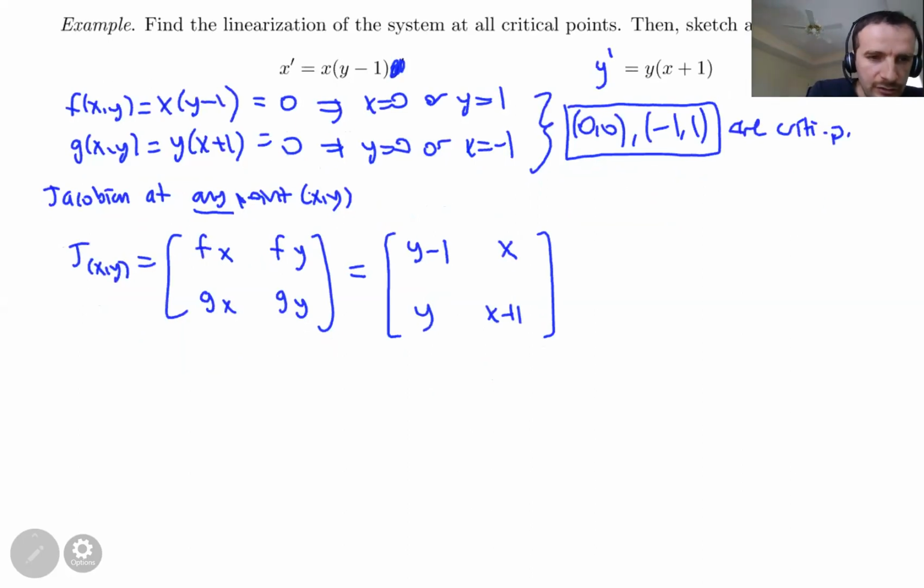So linearization at (0, 0). I should first write u prime is equal to Jacobian times u, right?